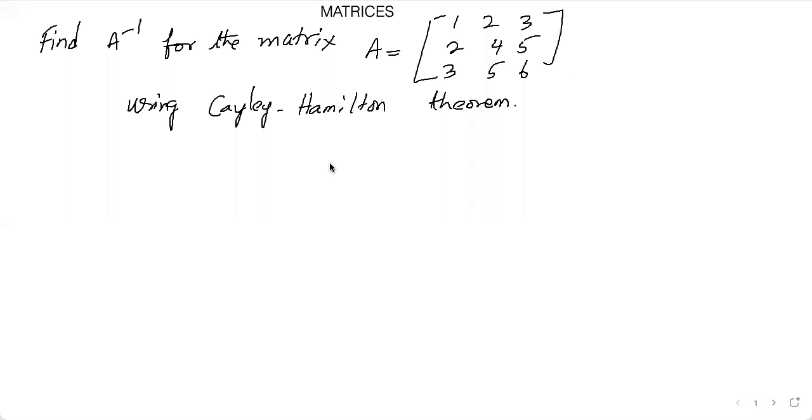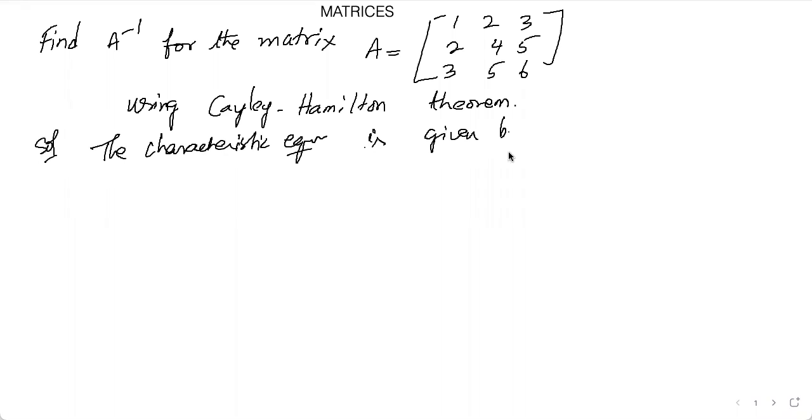Let us find A inverse for the next matrix using the Cayley-Hamilton theorem. The characteristic equation is given by |A minus lambda I| equal to 0.